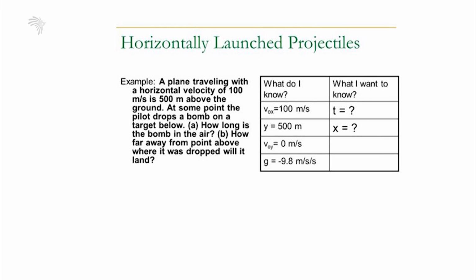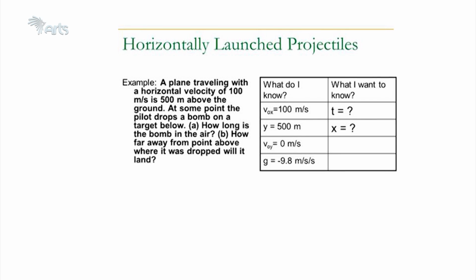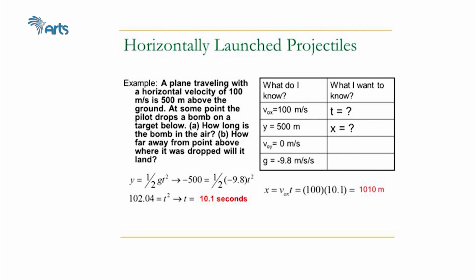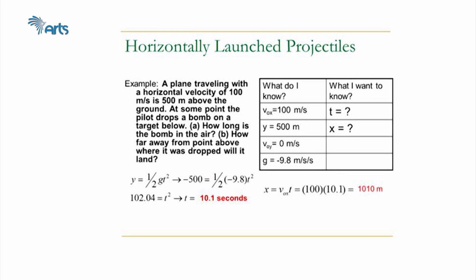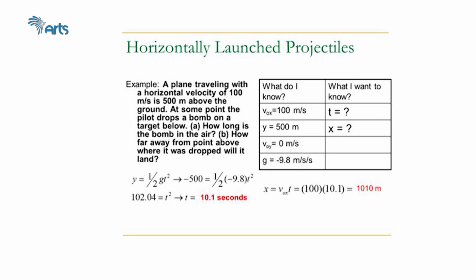We are asked to calculate the time taken to strike the ground and the horizontal distance covered by the bomb. To calculate the time taken, you can simply use y equals half g t squared, where y is the vertical height, g is acceleration due to gravity, and t is the time taken to cover that trajectory.